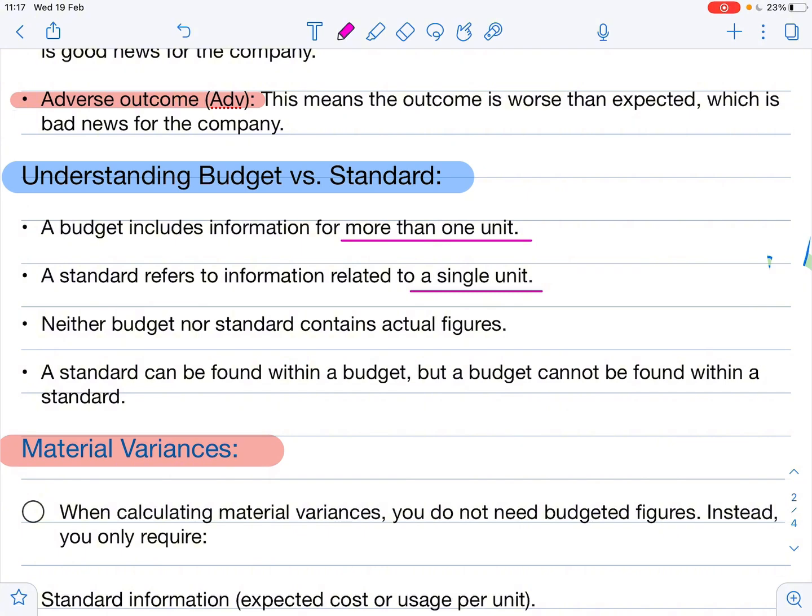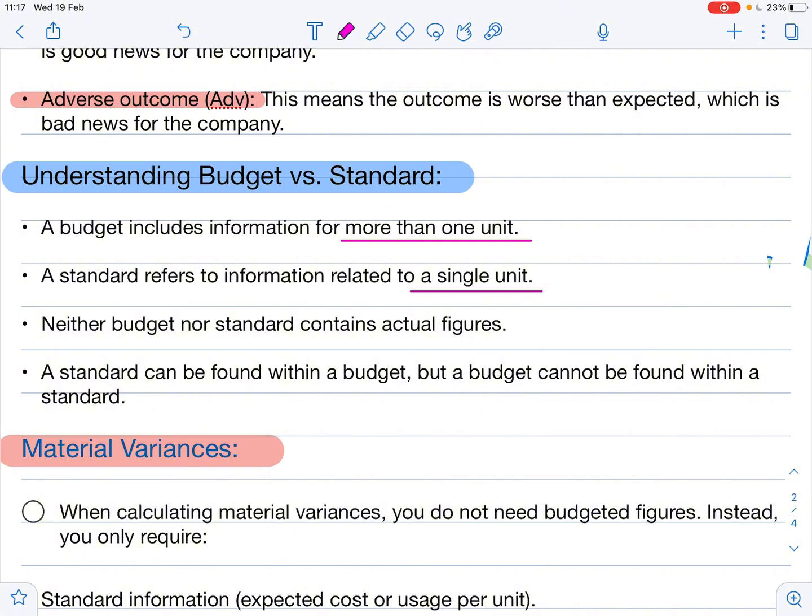So your actual information will always be actual. And then in your budget, you do not have actual information. In your standard, you do not have actual information.